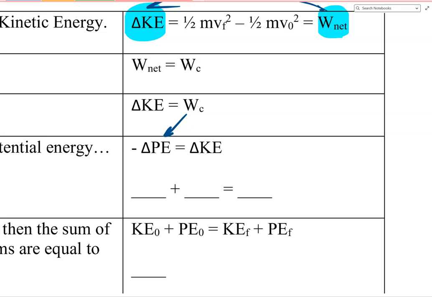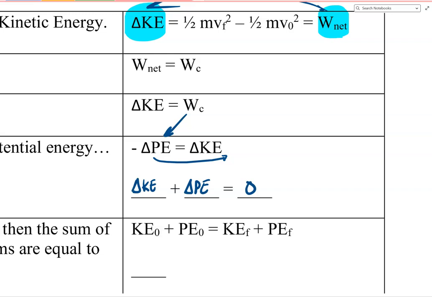So we can now say that the opposite of the change in potential energy is equal to the change in kinetic energy. And to make this equation look a little bit more appealing, we'll just put these two together on the same side of the equation. And the change in kinetic energy plus the change in potential energy ends up equaling 0.